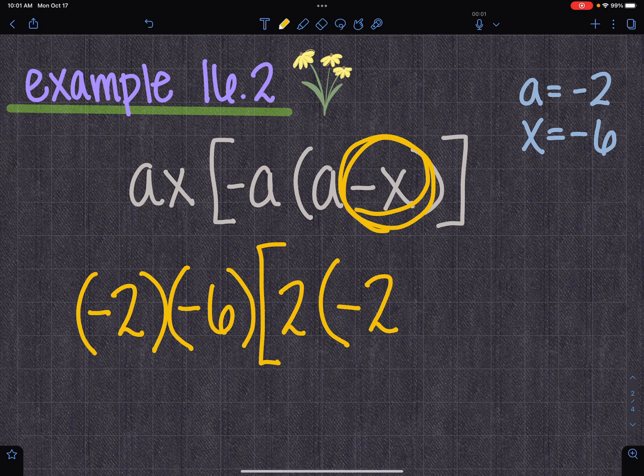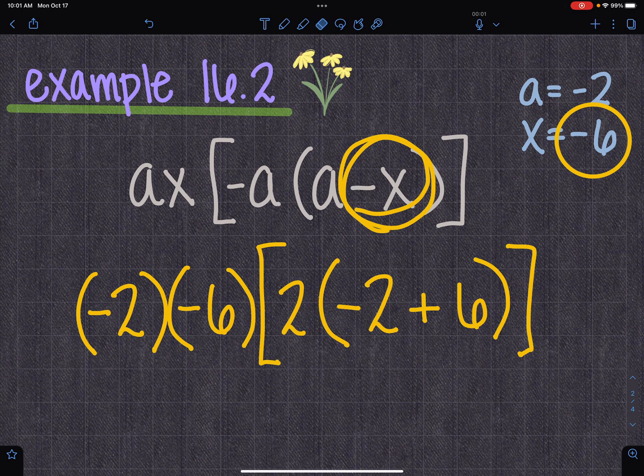And then they want minus X. So remember, this is not multiplication here. It's actually subtraction. But since it's a negative number, it's the opposite of this. So this is where it gets confusing. I'm actually going to put plus 6. The reason I do that is because I'm thinking about this as algebraic addition instead of subtraction, as plus a negative X. So I bring down the plus sign, but then the negative X is going to be the opposite of that.